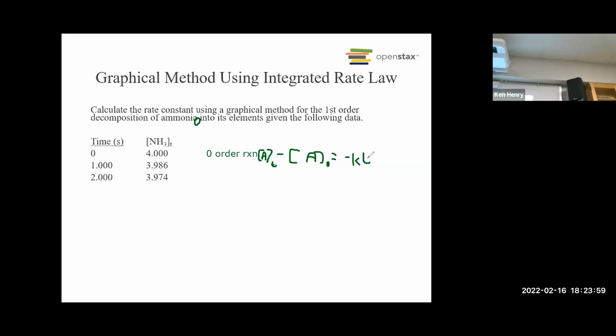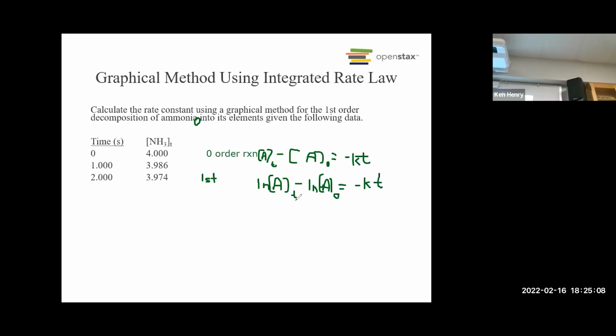Okay, first order reaction. The equation is ln A naught over A equals kt, or we could also write it as ln A at time t minus ln A naught equals minus kt.